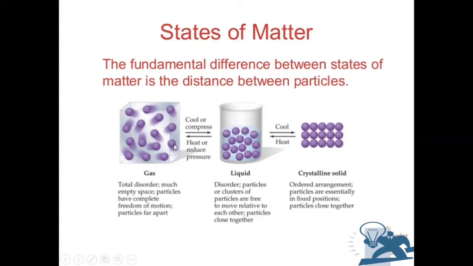So yung changes of states, if you want to change liquid to solid, it is by cooling or compression. Gas to liquid by cooling, syempre, or by increasing pressure. Liquid to solid by cooling, solid to liquid, of course, by heating.